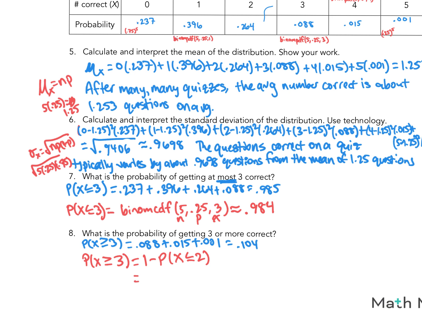So 1 minus binomial CDF, we still have the 5, 0.25 is my probability of success, and this time I want 2 or fewer. When we push enter, notice we get approximately the same answer.